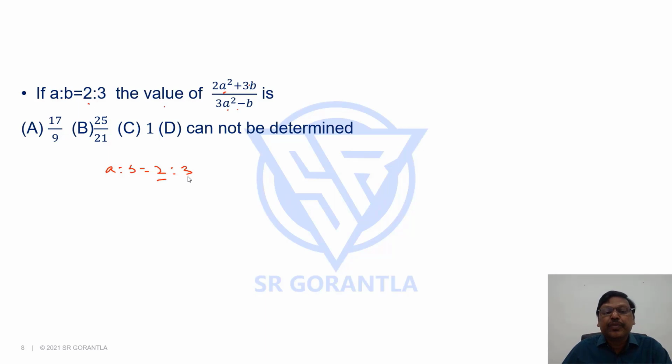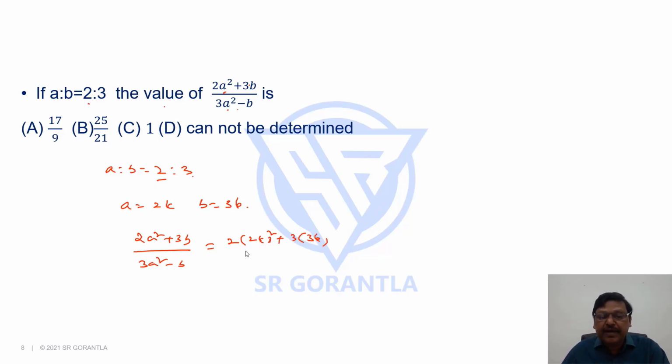Similarly, when I say a is to b is 2:3, a is a multiple of 2, b is a multiple of 3. If I substitute this here, 2a square plus 3b by 3a square minus b, 2 into 2k whole square plus 3 into 3k by 3 into 2k whole square minus 3k.